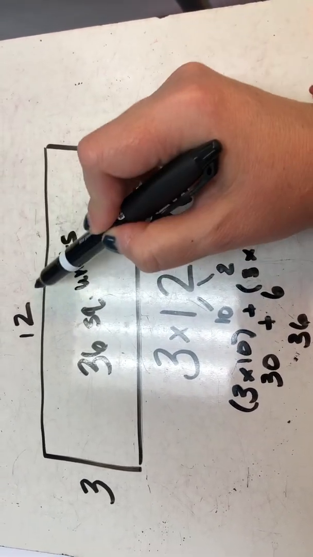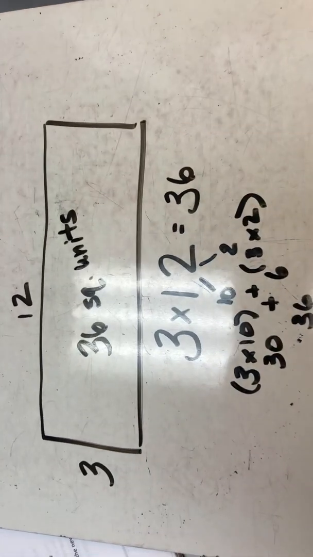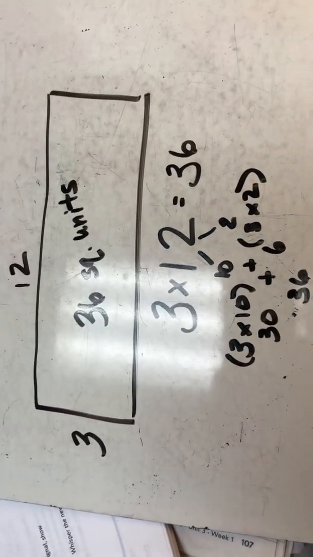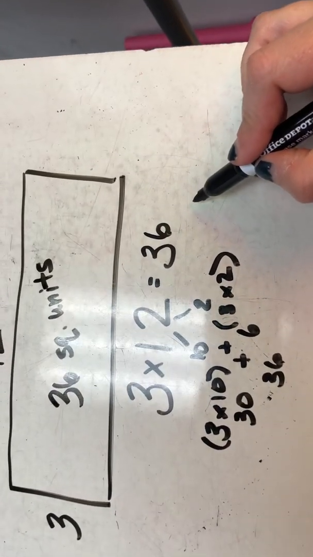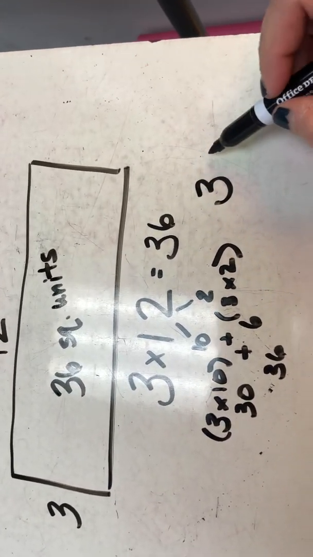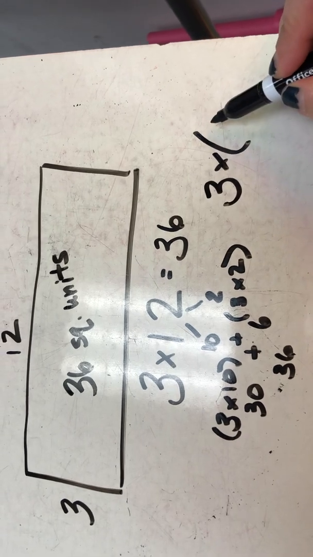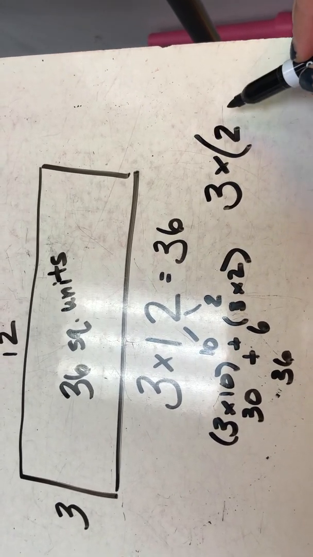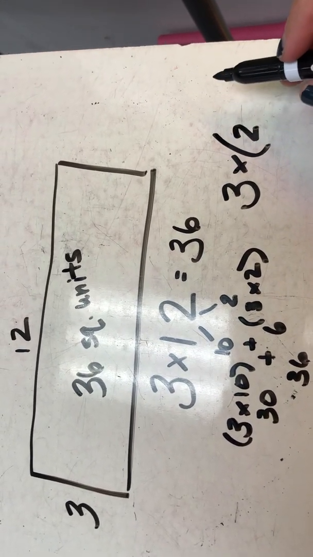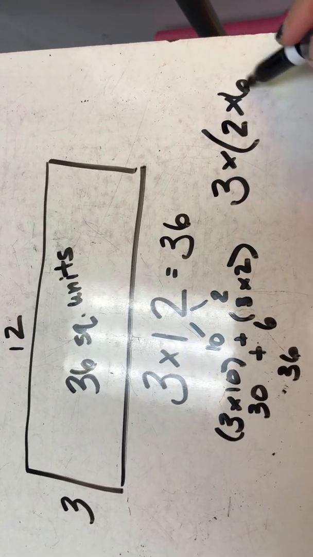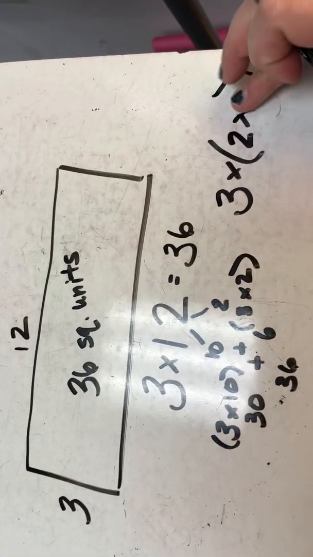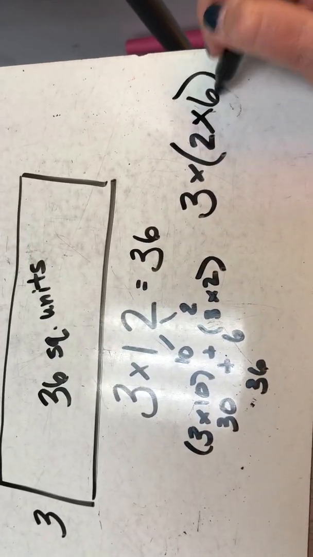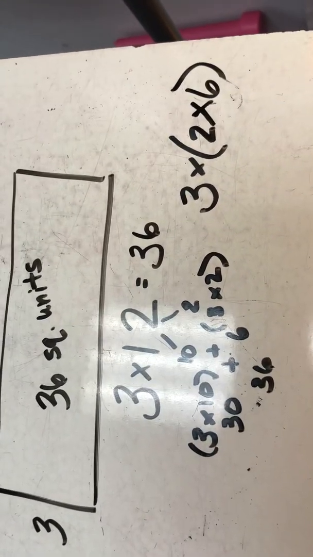I write units because they didn't tell me my unit, if it's feet or inches, okay? I want you to take a look at this expression right here. All right.